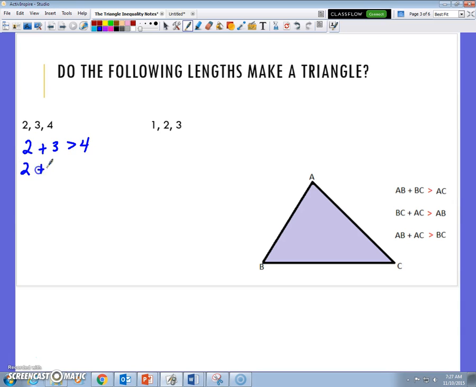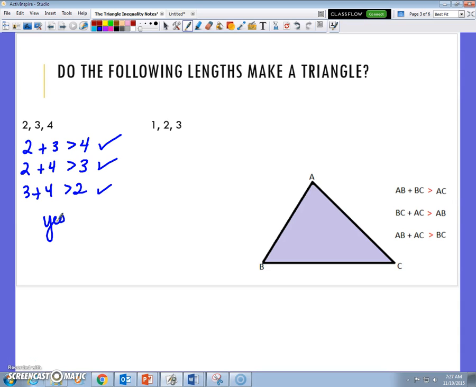The length of 2 plus the length of 4 should be greater than the length of 3. And the length of 3 plus the length of 4 should be greater than the length of 2. So I know that 5 is greater than 4, I know that 6 is greater than 3, and I know that 7 is greater than 2. So I know that these could be the possible lengths that make a triangle. So yes, this could make a perfect polygon triangle.